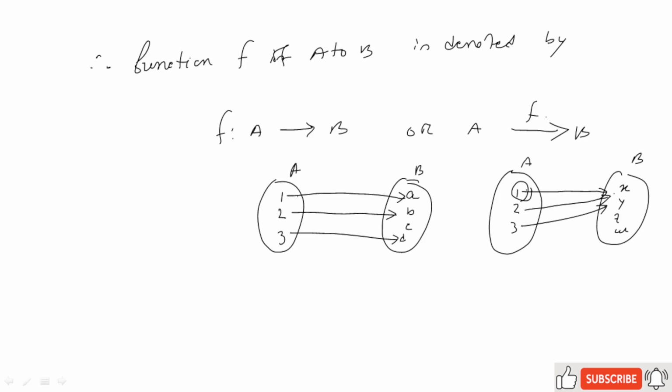But one cannot make relations with two elements, suppose X and Z. Then this is not a function because 1 does not have a unique element in B. 1 is related with two elements of B, which contradicts our definition.